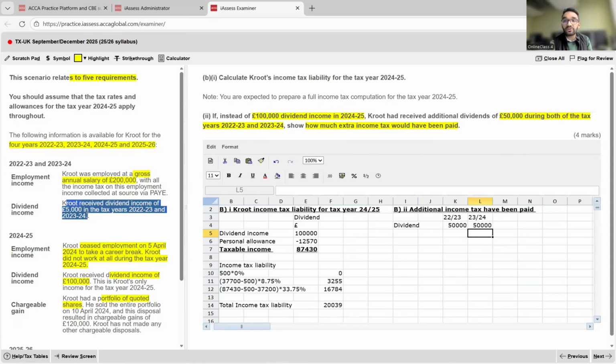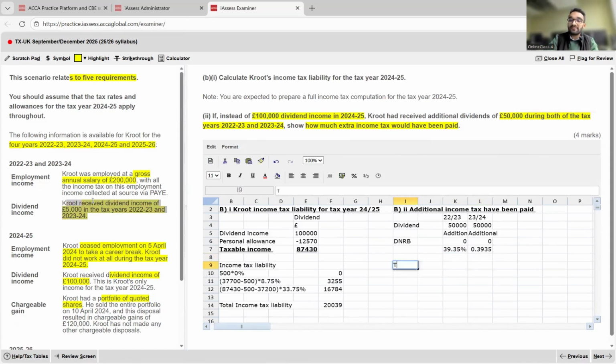So both 50,000 amounts are falling in the additional band. Both are going to fall in the additional tax rate band. Why? Because he's already an additional rate taxpayer and there will be no dividend nil rate band as well. It means the additional rate is 39.35%.